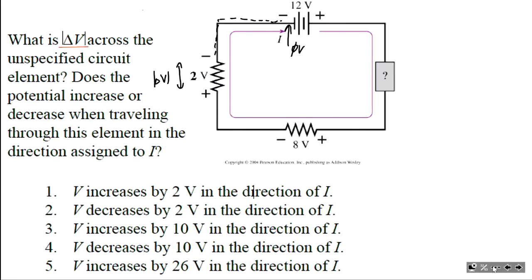Now, electric current through this resistor travels up because electric current in the circuit is clockwise, which means from here to here, potential should increase.